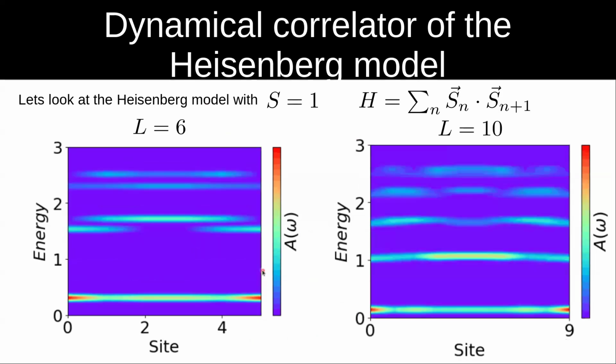Something interesting of these dynamical correlators is that they allow you to see relatively non-trivial behavior. If you look now at a spin 1 instead of a spin 1/2, what you actually see is that the profiles are slightly different. What is important to understand these profiles is that spin 1/2 Heisenberg models are gapless in the thermodynamic limit.